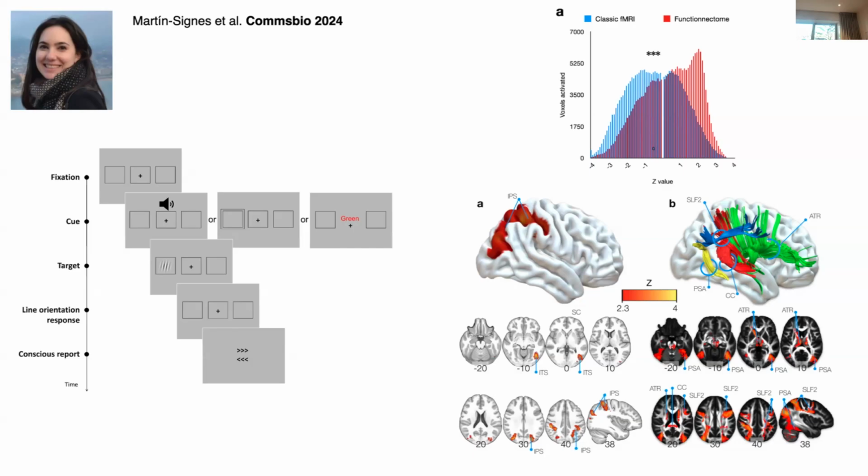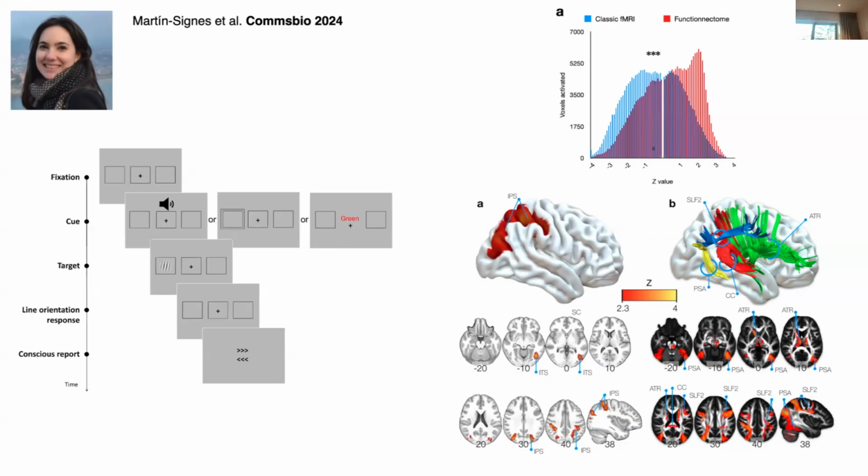When you look at the functionnectome, something interesting happens. You don't have that many interactions in the brain that are significantly activated when you're not conscious, when the information stays stuck in the first part of the visual system but never reaches your consciousness.